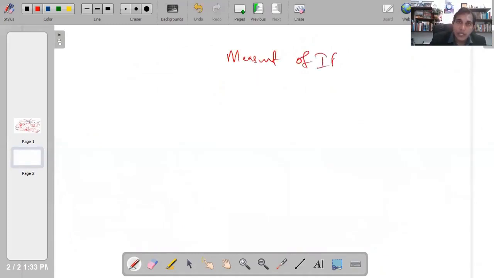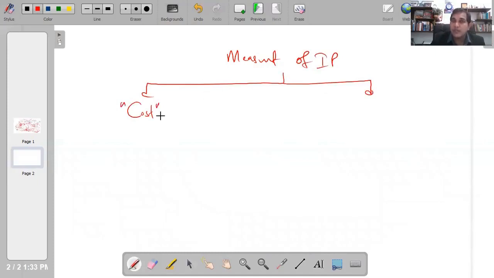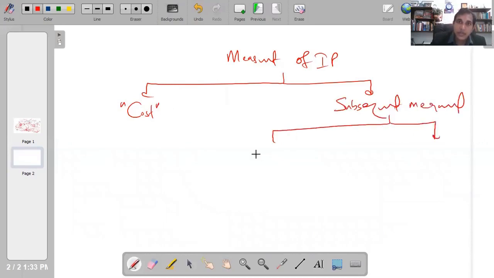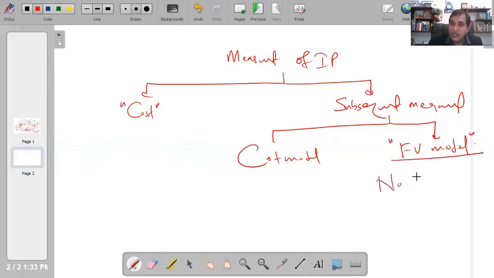Initial measurement of investment property should be at cost. For subsequent measurement, you have two models. First one, cost model. Second one, fair value model. If the entity chooses the fair value model, remember, no depreciation.